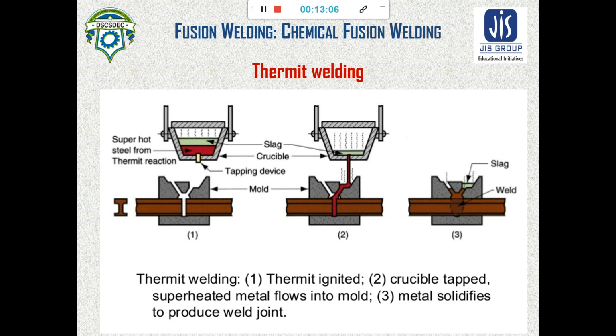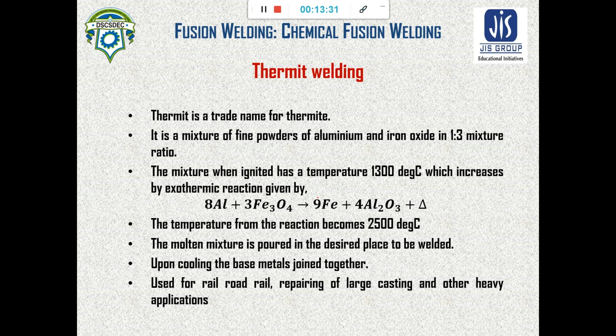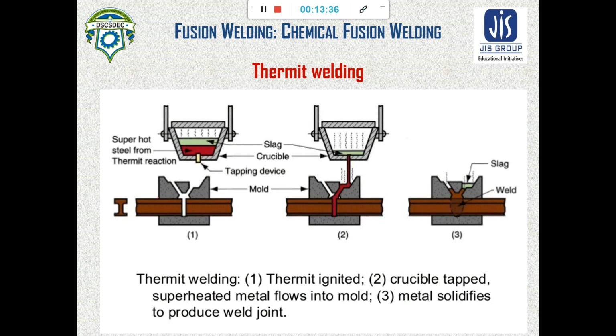See here in this figure, in case of thermite welding, the super hot steel. In this reaction you can see that iron will be formed, and this iron is placed in the lower part, and the upper part is Al2O3 slag.